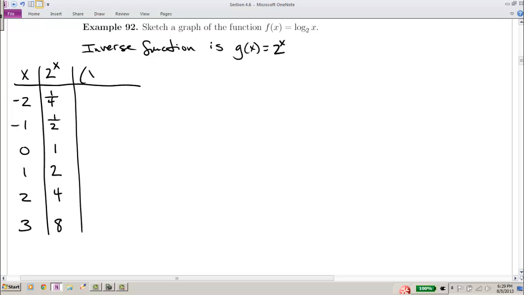And that got us these coordinate pairs that we use to help us plot the graph of 2 to the x.